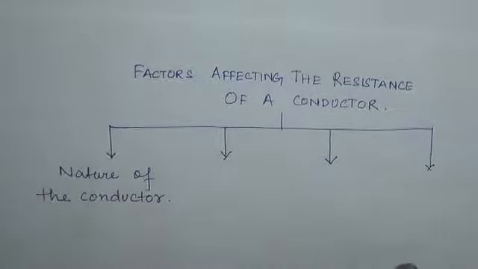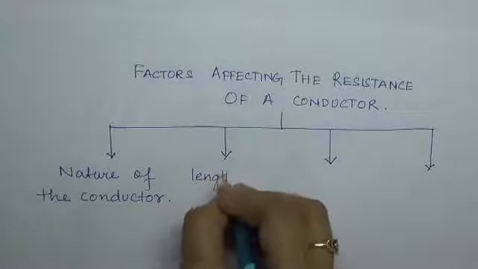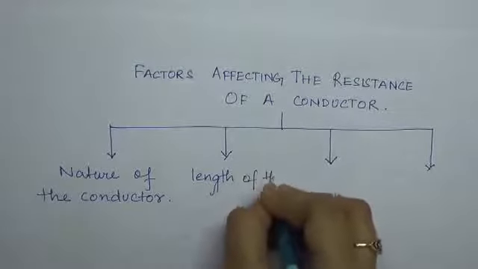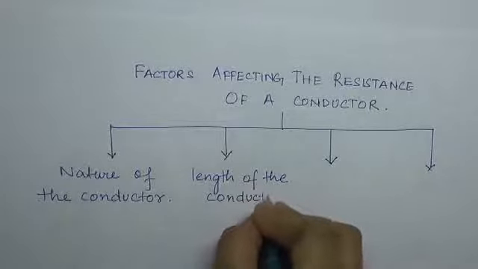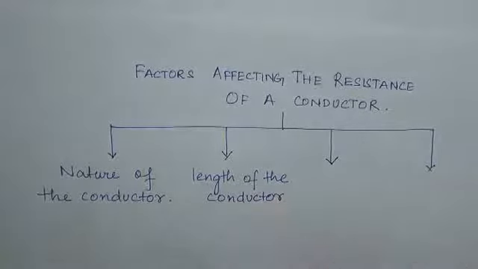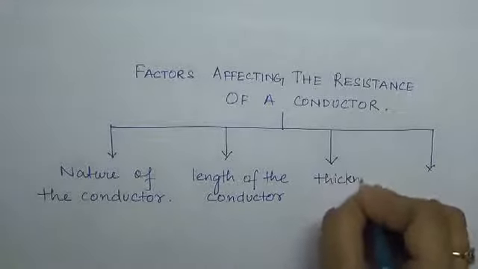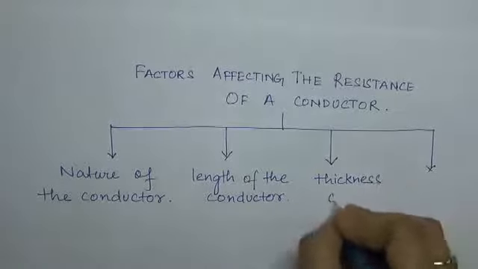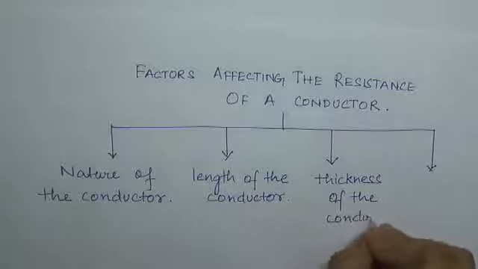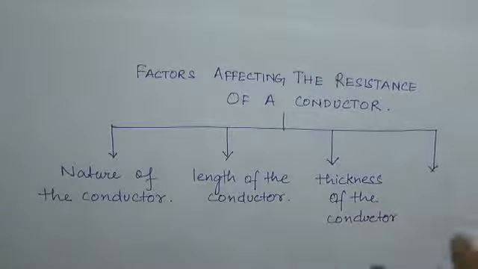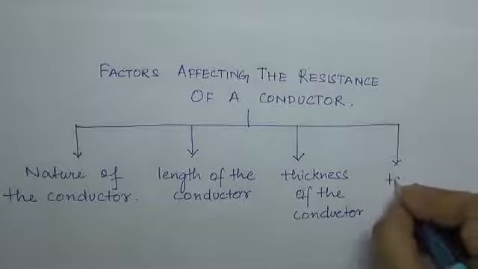Number 2, the length of the conductor. Number 3, the thickness of the conductor. Number 4, the temperature of the conductor.